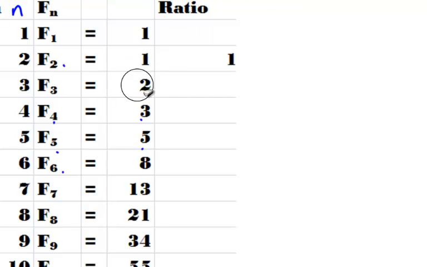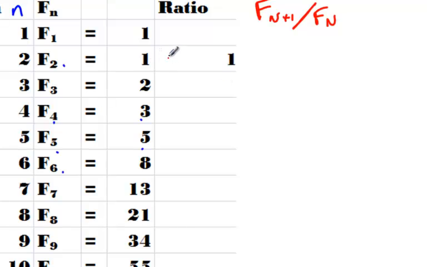We're kind of interested in the ratio of these Fibonacci numbers. So when I talk about the ratio, I'm going to take the next Fibonacci number in line and divide it by the previous one. So it's basically the bigger number divided by the smaller.